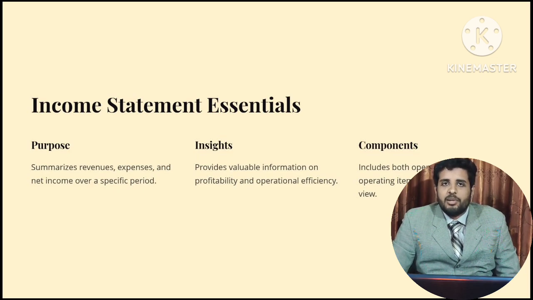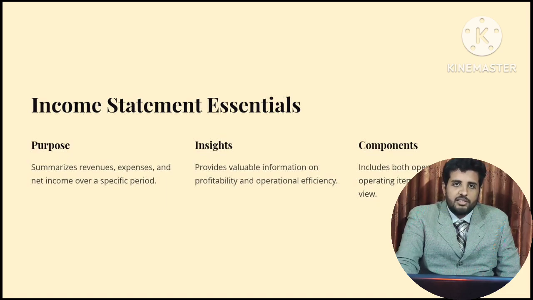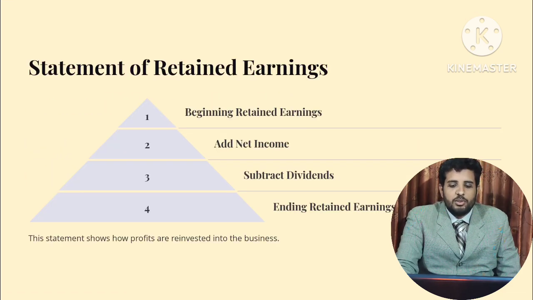Then there are expenses, which are costs incurred in generating those profits, and then there is net income or net loss, which is the bottom line result derived by subtracting total expenses from total revenue. A positive net income means that the company is profitable, whereas a negative one means it is going in loss. So that was this slide, and we will move on to the next slide.